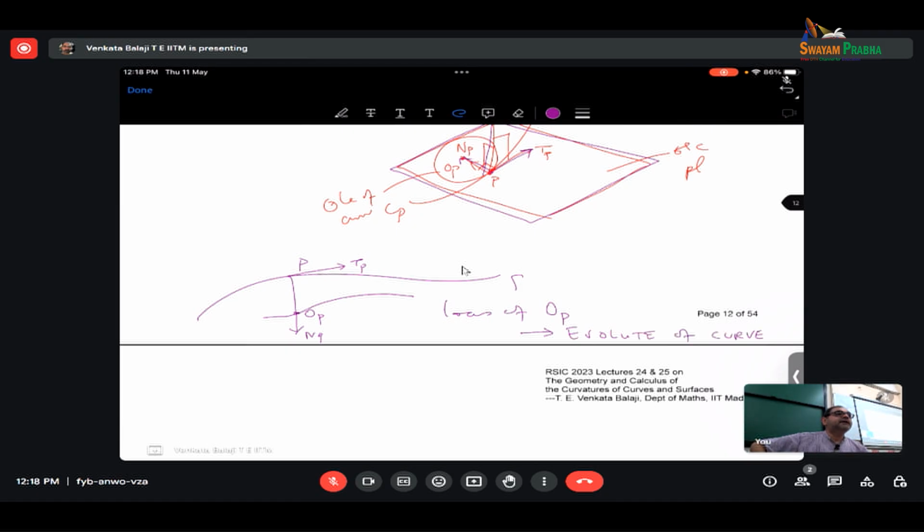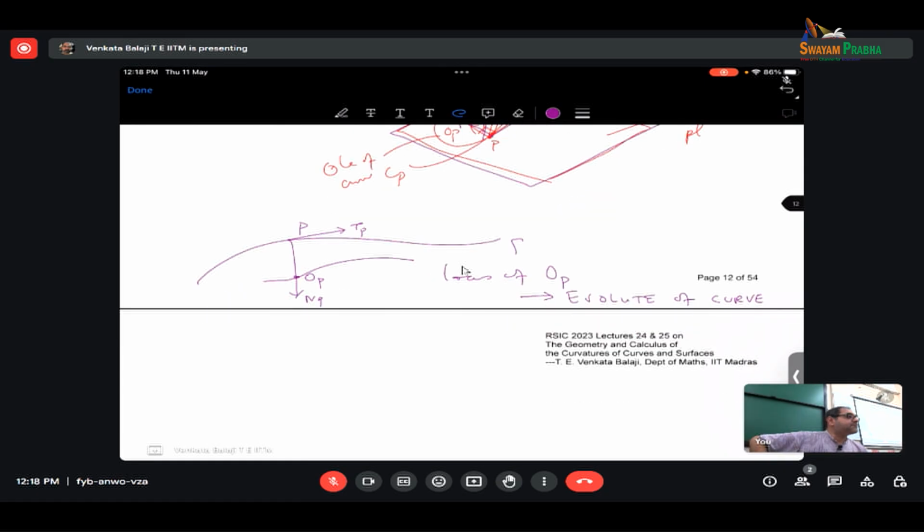And what geometry tells us is that this evolute of the curve is actually the envelope of the normals. Basically, what you must understand is how you get the center of curvature.